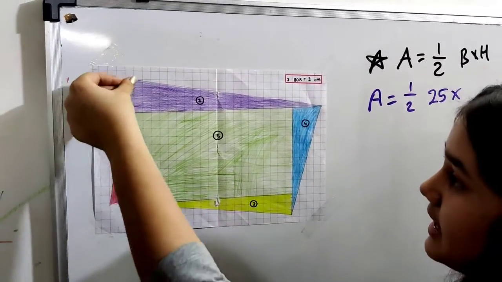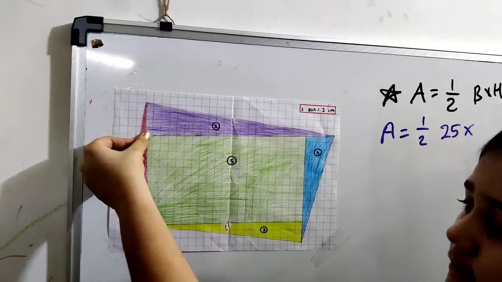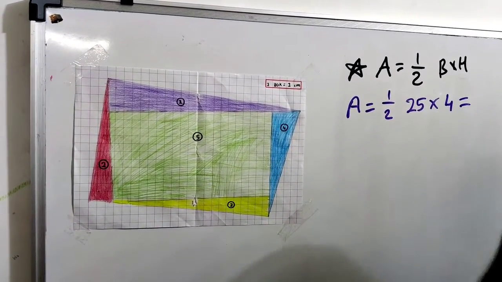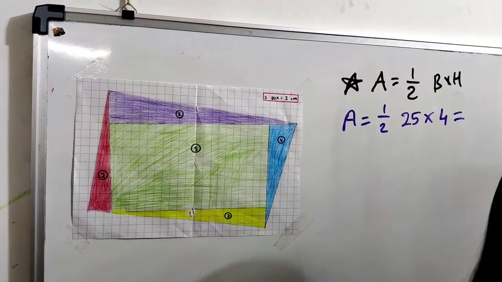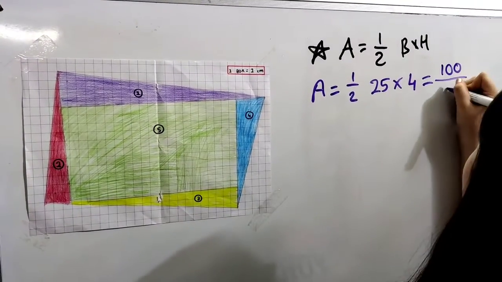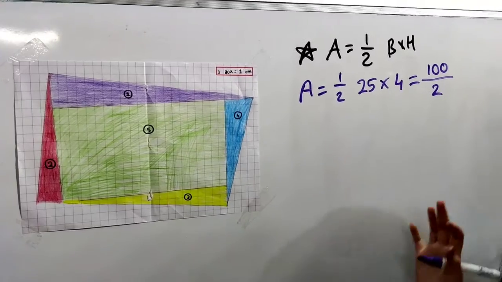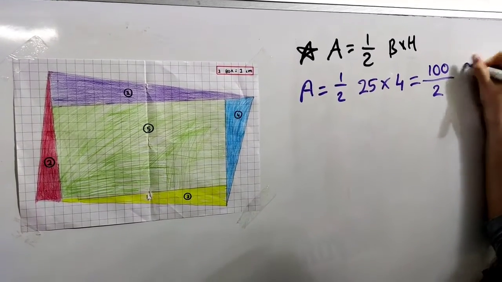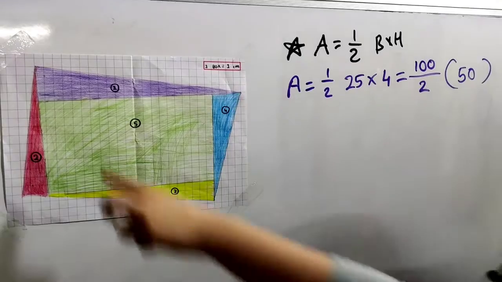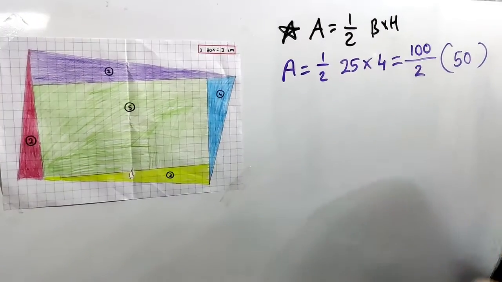So this is the length, so 1, 2, 3 and 4 boxes. When we multiply this, we get 100, but we have to use this formula, so divide it by 2. When we divide it by 2, our answer is basically 50. Okay, the area of this triangle is 50.